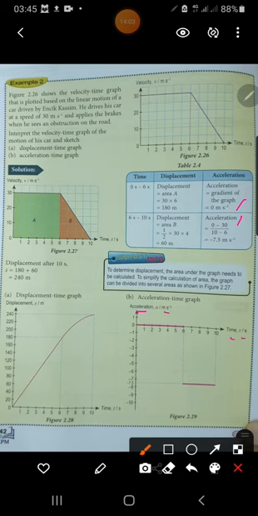The first one, 0 to 6 second, the acceleration is 0. So that's why the answer here is 0 until 6 second. And from 6 second to 10 second, the acceleration is negative 7.5 meter per second square.